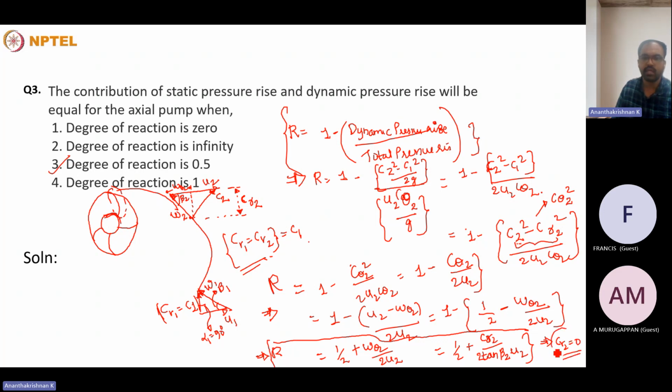That means that the entire velocity will have a swirl component. The actual velocity's entire component will be taken up by the swirl component. The flow component will be equal to 0.